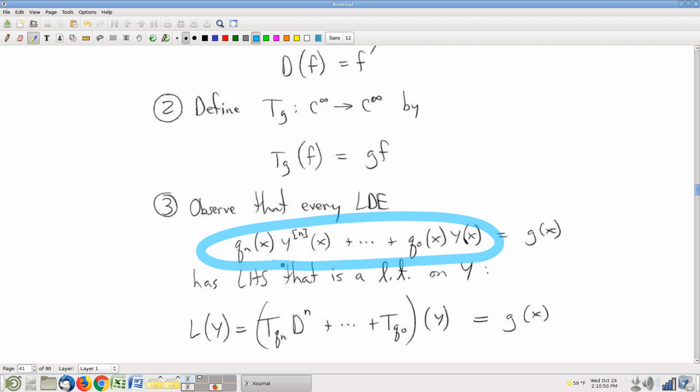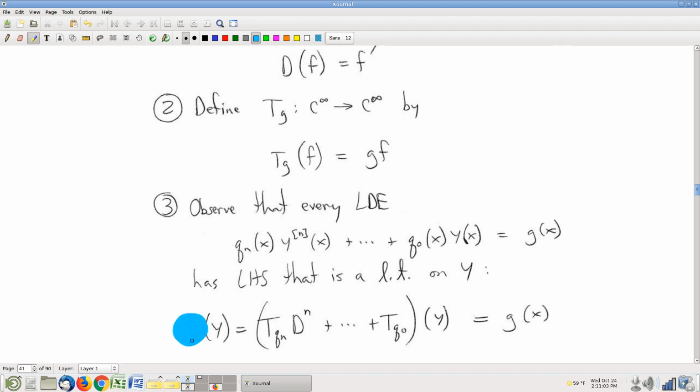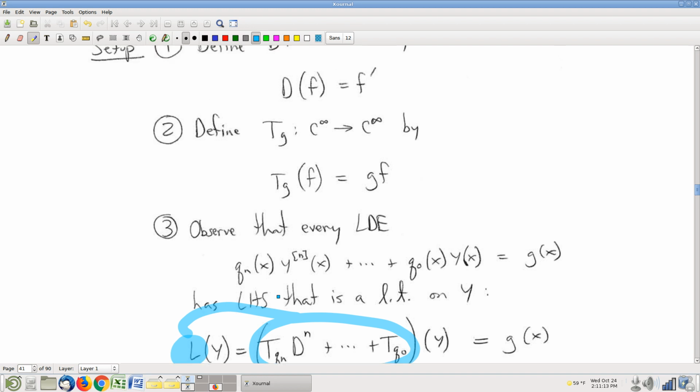So we've shown that these are, thus the name, linear differential equations. Here's the new observation. That linear transformation, L, the action of the left-hand side in these differential equations, can be thought of in terms of these above two very simple linear transformations. Right? Everything that happens in L is some combination of differentiating and multiplying by stuff.